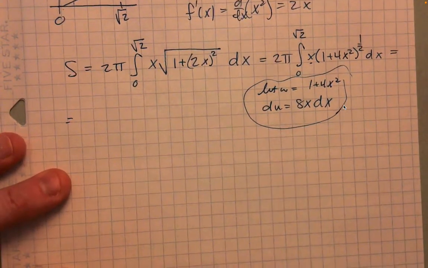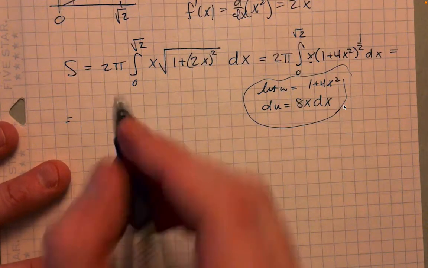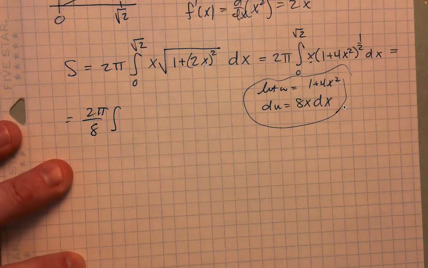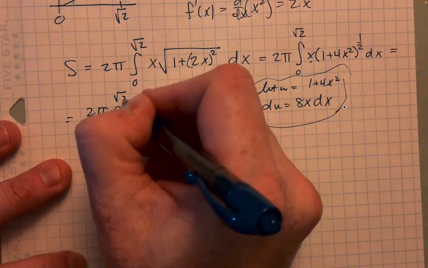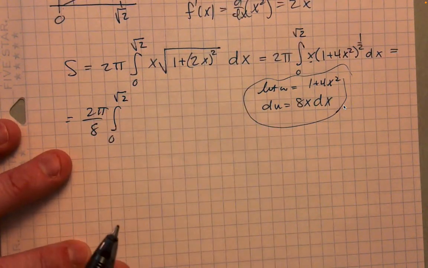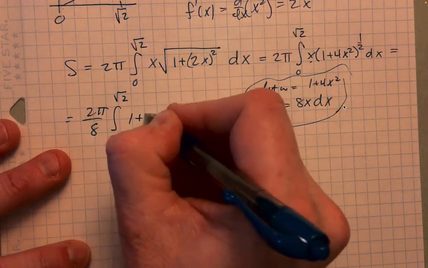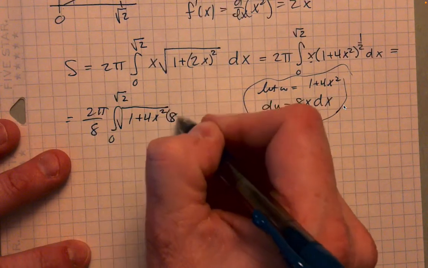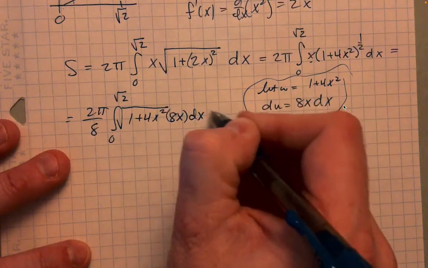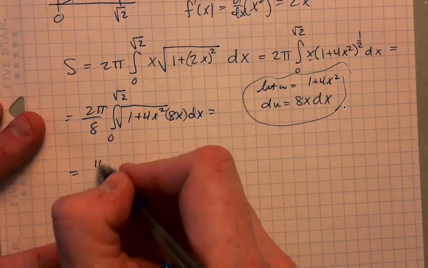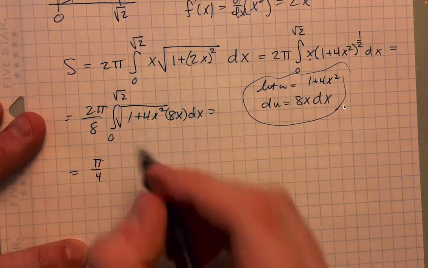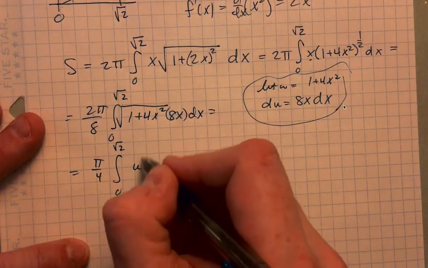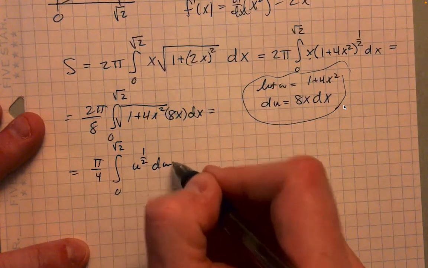So we get 2 pi over 8 times the integral from 0 to the square root of 2, and then it's 1 plus 4x squared, square root of that, times 8x dx, right? So that's all you need to do your substitution here. So integral from 0 up to the square root of 2, and then it's u to the 1/2 du.